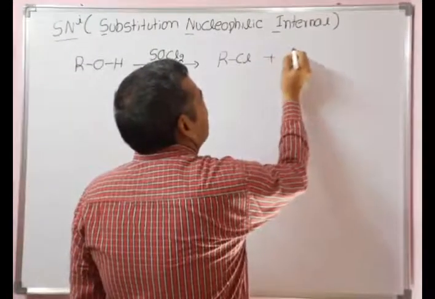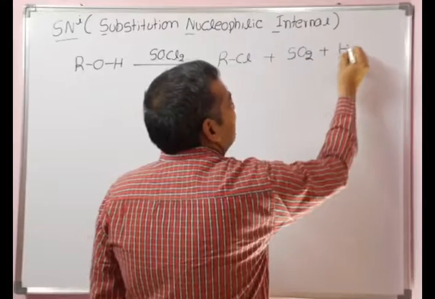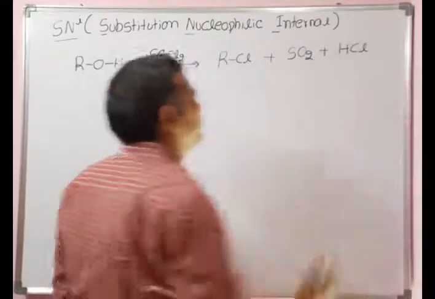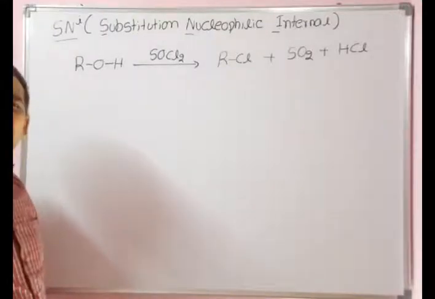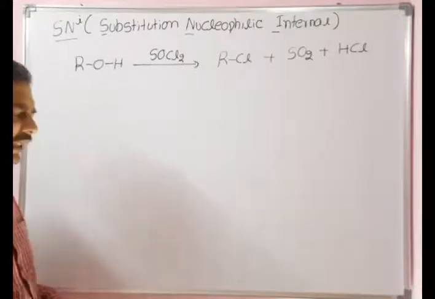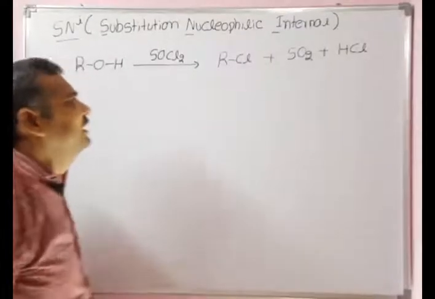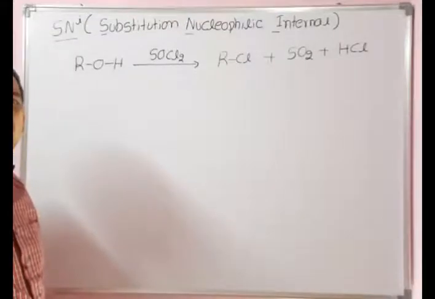The side products obtained in these reactions are sulfur dioxide and hydrochloric acid. Alcohol reacts with thionyl chloride to give alkyl halide and sulfur dioxide and hydrochloric acid. This is an example of SNi reaction, internal nucleophilic substitution reaction.